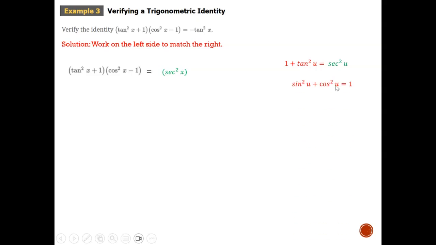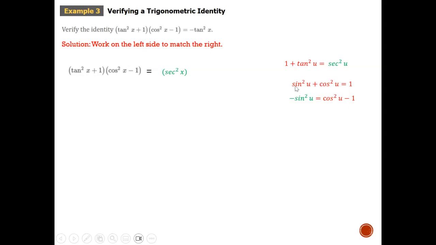Now sine squared u plus cosine squared u equals 1, right? Here, guys, this is what I did, because I want the cosine to be positive. I left the cosine as positive and subtracted the sine squared from both sides. If you want, just switch all those signs.